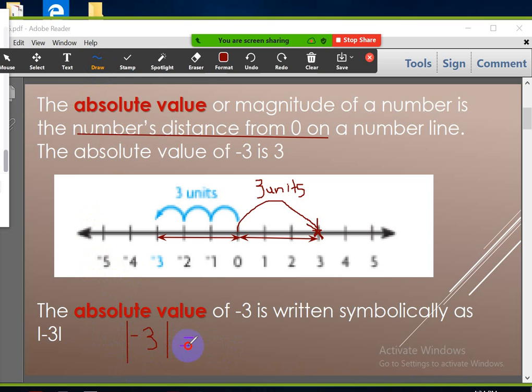What is the absolute value of negative 3? The answer will be 3 units. That means it will be 3.